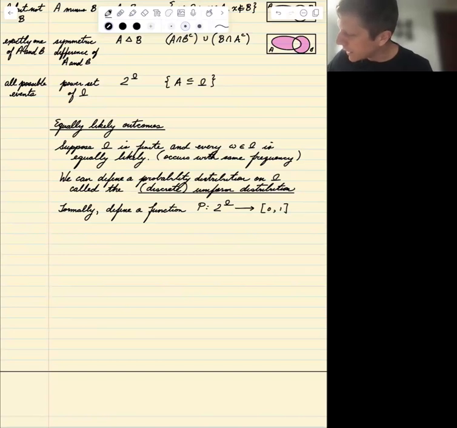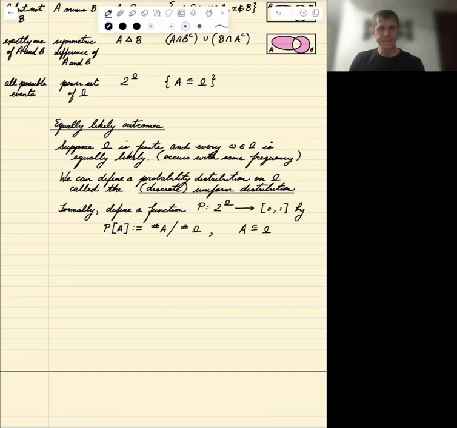The way that we're going to define it is that to every set, so P is the function, A is the argument, A is a subset of omega, we assign the value by definition as the ratio of the size of A to the size of omega, where A is a subset of omega. Okay. That is the definition of the discrete uniform distribution. This is a probability distribution.